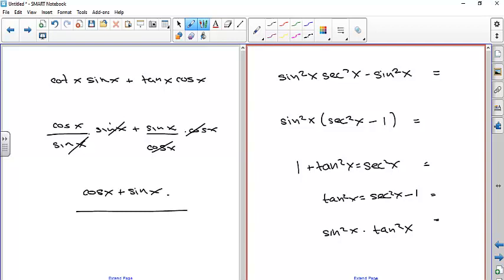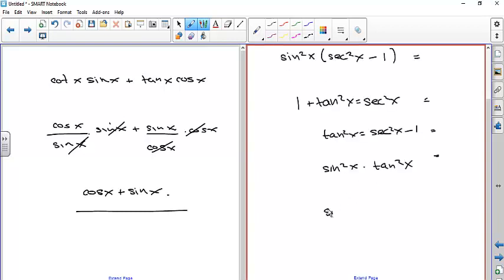But we can go one step further because the tangent, not sure if we go that much further, if it's that much better, because if I were to rewrite this, tangent squared is sine squared over cosine squared, I'd end up with sine to the 4th x over cosine squared x.